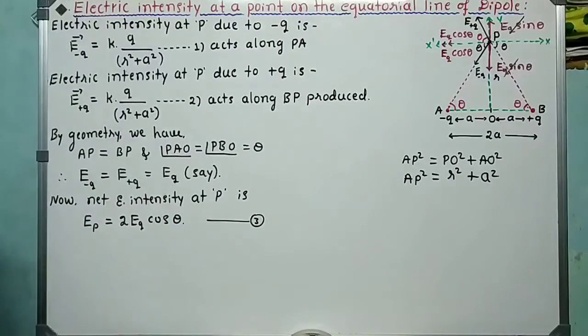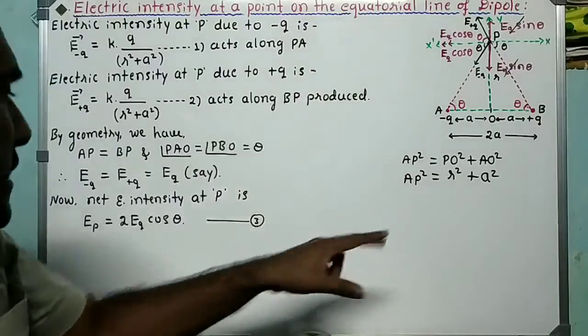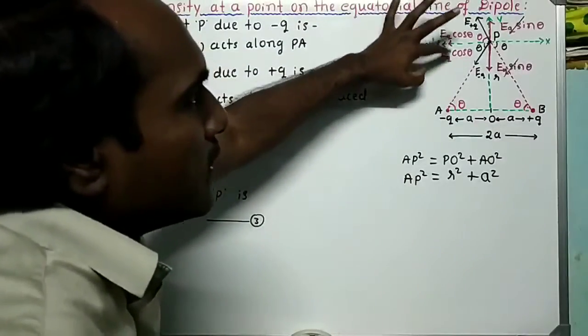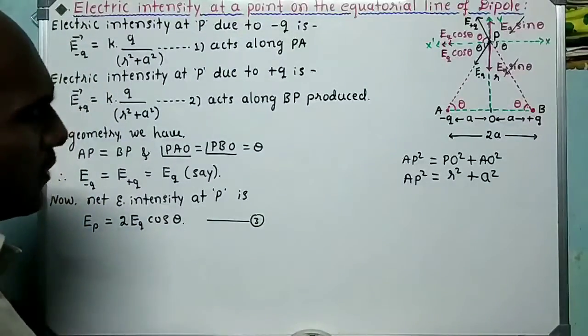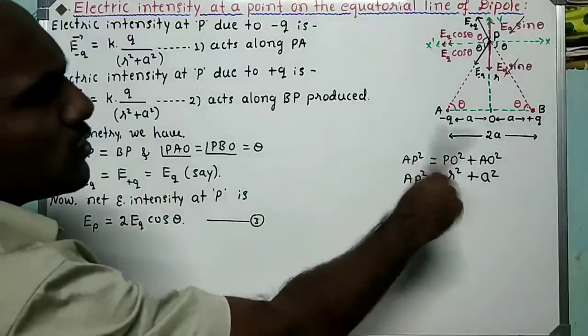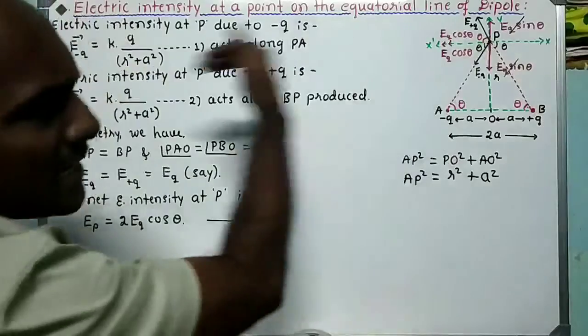Here one more important thing is there. What is that? The net electric intensity at point P is 2 EQ cos theta because both should be added, as both are acting along the same direction. By this it is clear that the net electric intensity at point P due to the dipole is acting along PX dash.